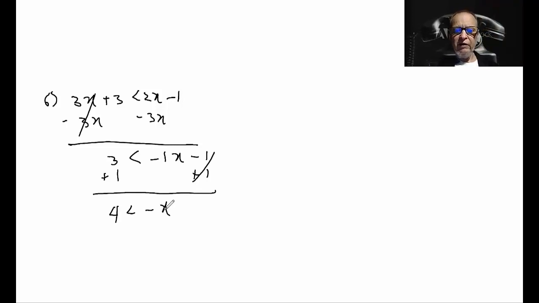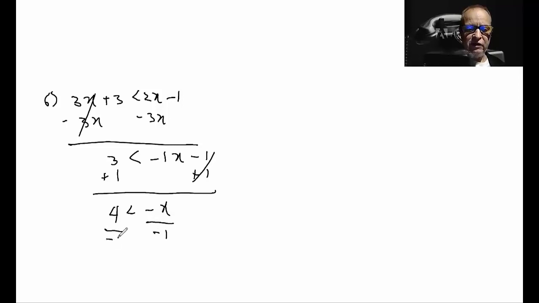Now, again, we're not done here. And the reason we are not done is because we have a negative x. And as mentioned earlier, in order to get rid of the negative x, I have to divide both sides by negative 1. And in this case, whenever you have an inequality and you're dividing by a negative number, you have 4 over negative 1 is negative 4.